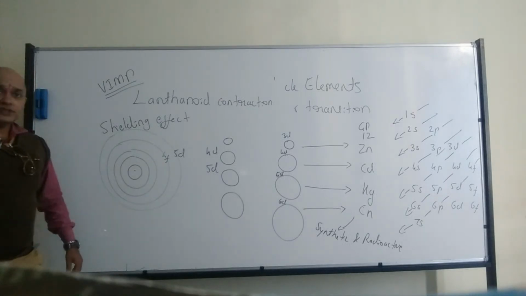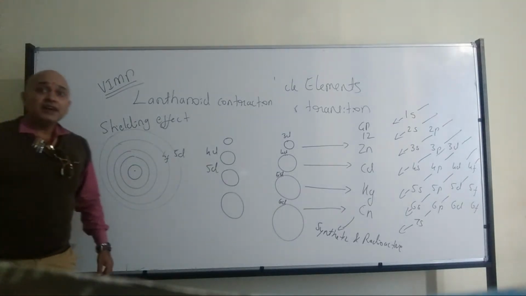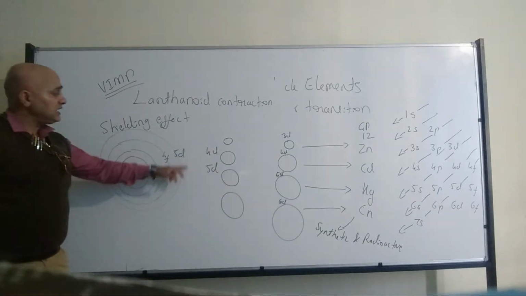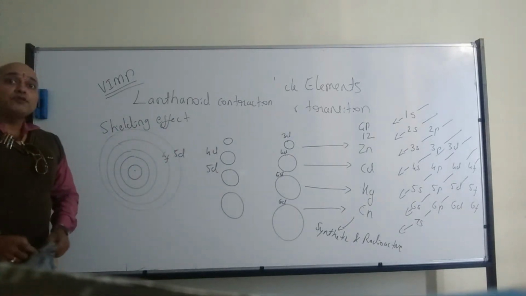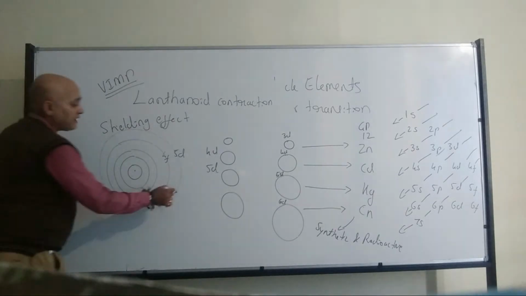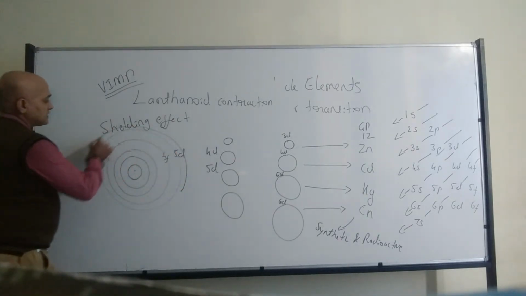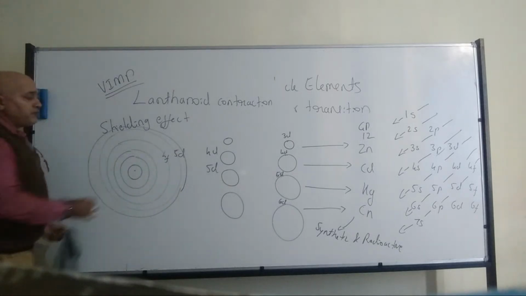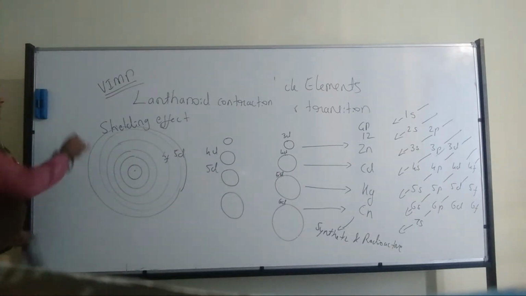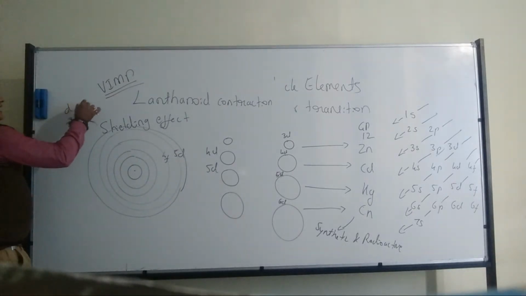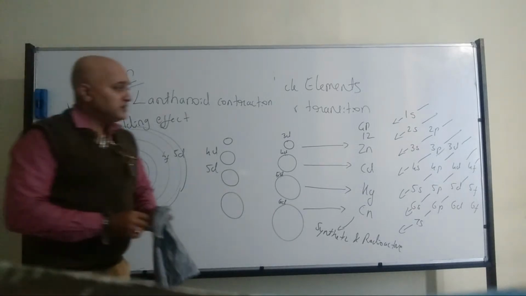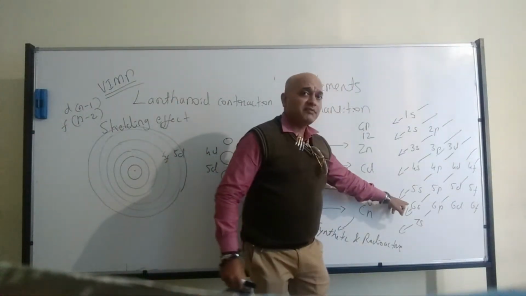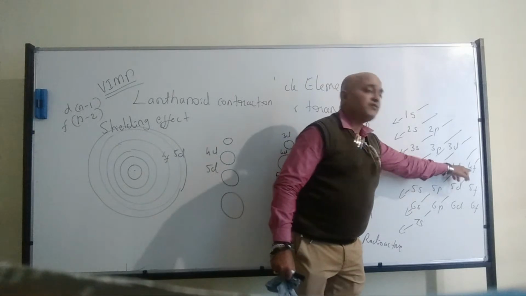When will the F subshell start? When you are going to an element where the outermost energy level will be 6. Then only 4F will come. Please remember, for D subshell it is n minus 1. For F subshell it is n minus 2. Right? Because with energy level 6, then only 4F will come.